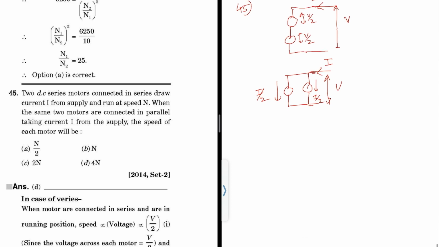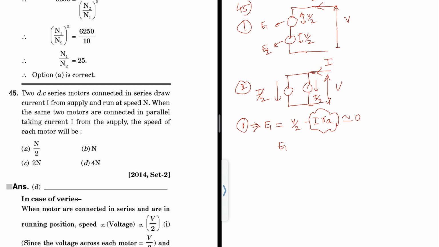In general, we know that this is E1 and this is E2. The first case and the second case. In the first case, E1 equals V by 2 minus I into RA, right? I neglect this drop, which is approximately equal to 0.